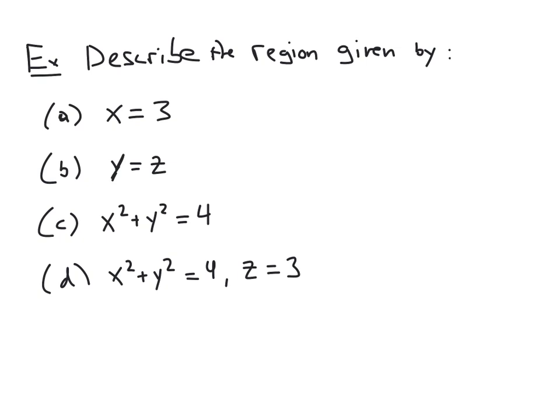And we want to describe them in words, to say it's the plane that has this property, or the line with this property, or whatever it is. So what we're going to do is graph each of these, and then look back and see how we can use the form of these equations to generalize certain regions in 3-space.